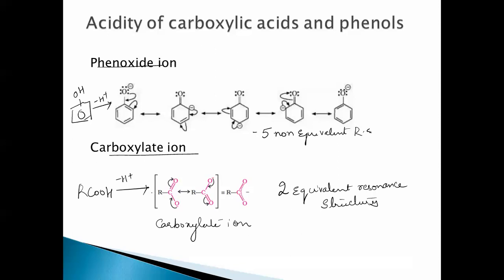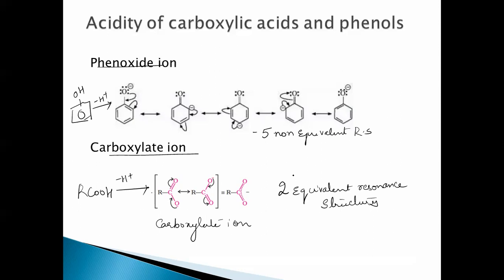Right. Here, even though the phenoxide ion has 5 resonance structures, since they're non-equivalent, the phenoxide ion is not as stable as a carboxylate ion, because here the resonance structures are equivalent. It doesn't depend on the number of resonance structures, but on whether they are equivalent or non-equivalent.